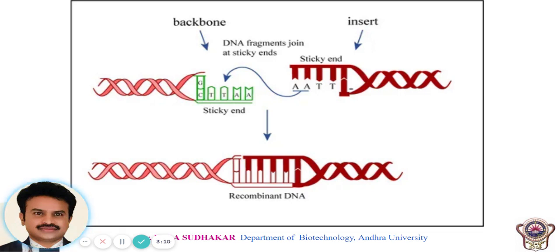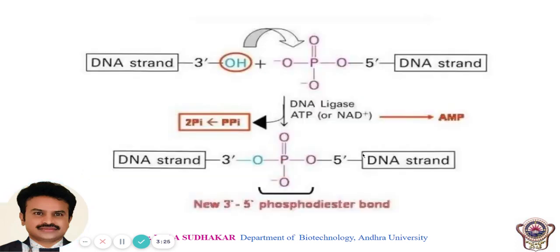The pairing can be stabilized by the use of DNA ligase, which forms a covalent bond between the 5' phosphoryl at the end of one strand and 3' phosphoryl of the adjacent strand.